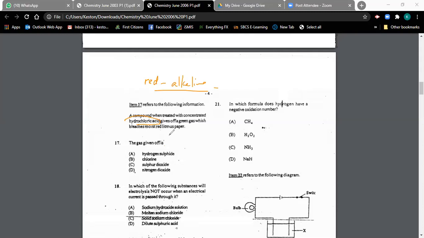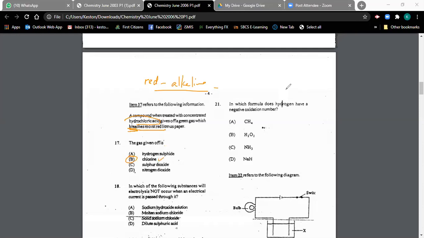Yep. Bleaches the moist litmus. This gives it away, right? Because it bleaches the moist litmus. That's how we know it's chlorine.